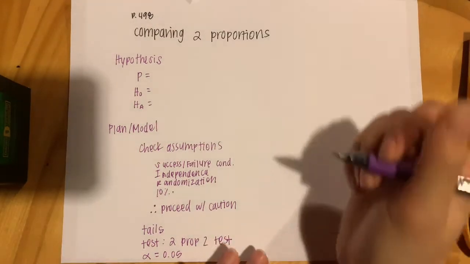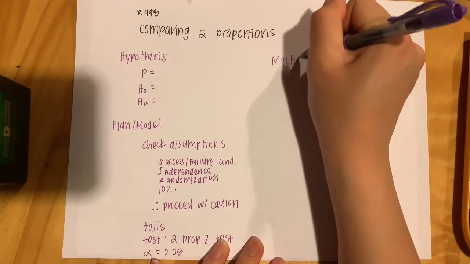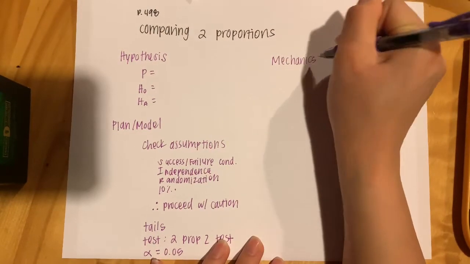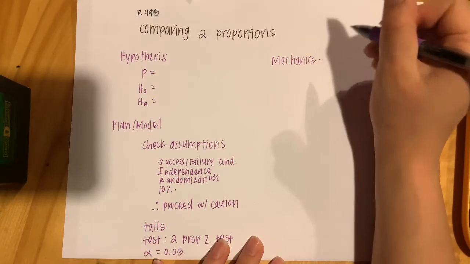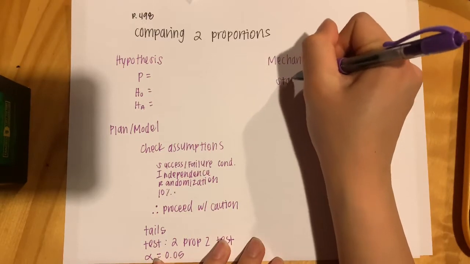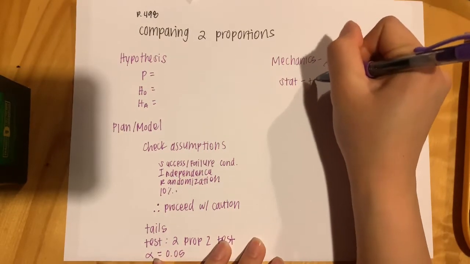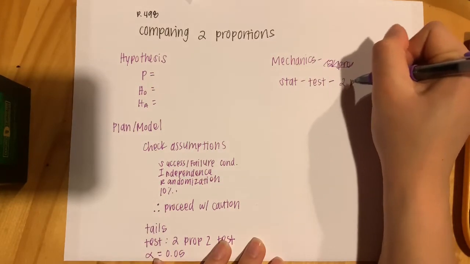Okay, and then after the plan and model is going to be the mechanics, which in this case is just going to be our calculator commands. So for the two proportions test, you're going to go stat, then test, and then we're going to pick the two prop z test.